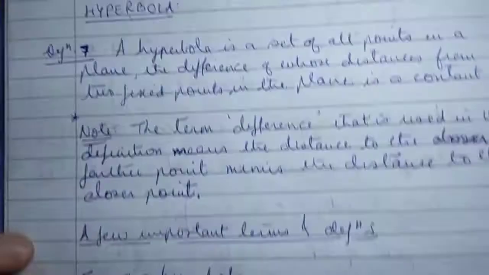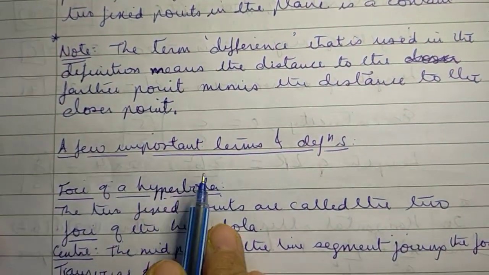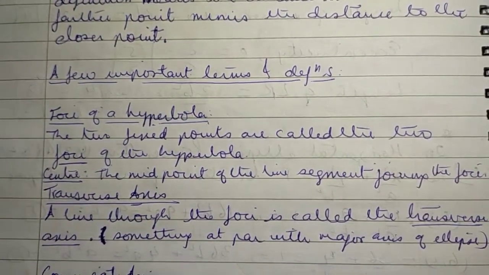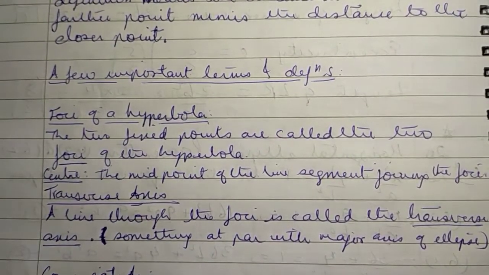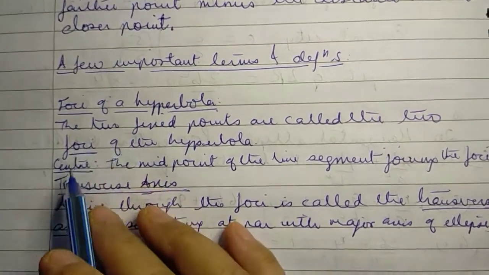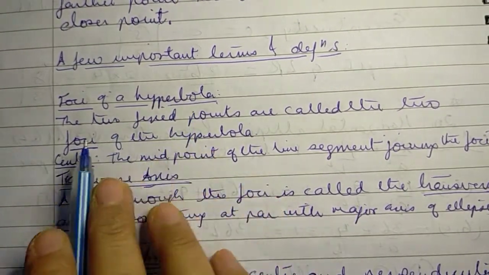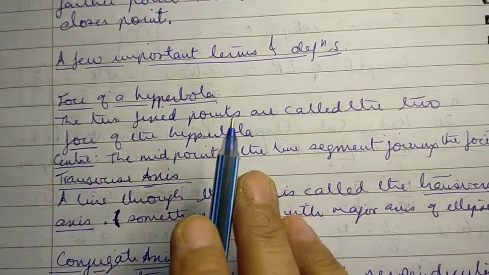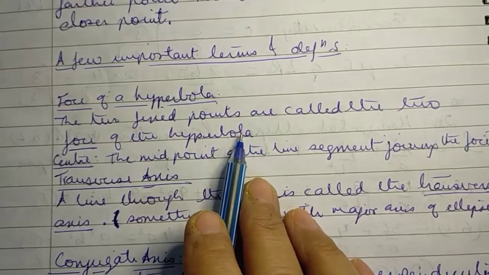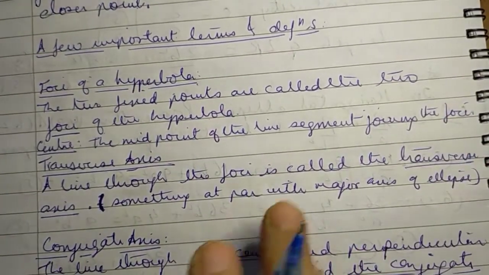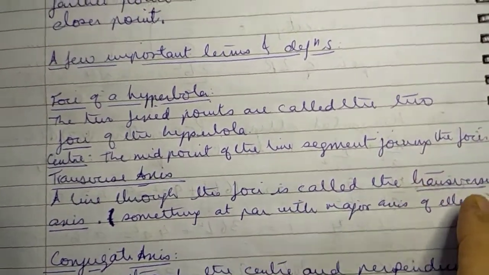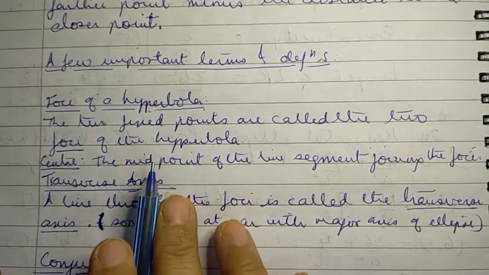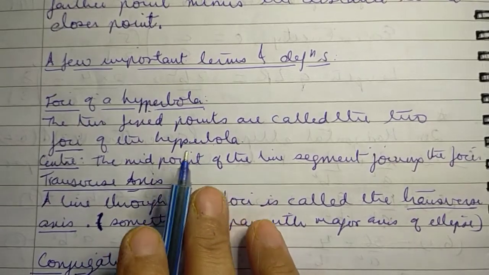Now let us do some important terms and definitions. We have similar terms to what we did in ellipse. So, foci of a hyperbola. The two fixed points are called the two foci of the hyperbola. As you can clearly see, in case of ellipse also we had a similar definition, that the two fixed points from where we were measuring the distance were called the foci of the ellipse.